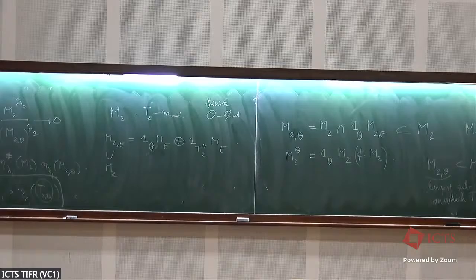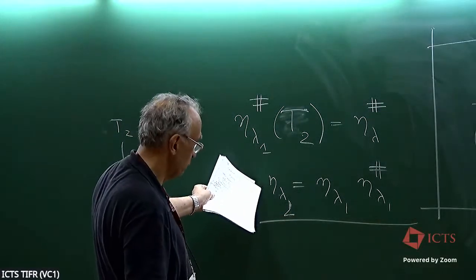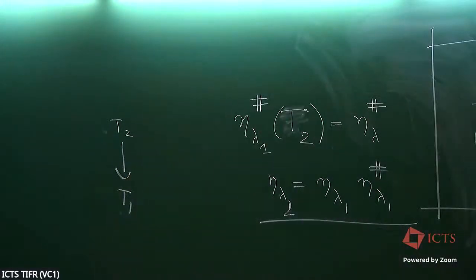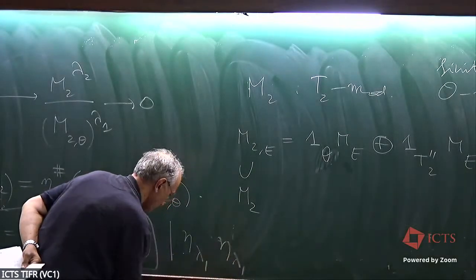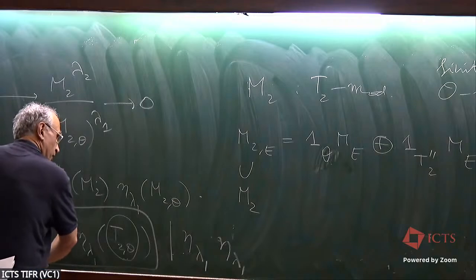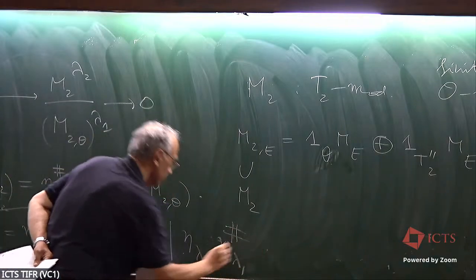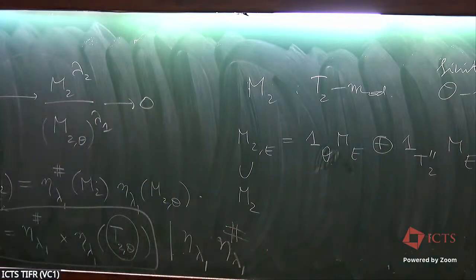So if both are LCI, you have this exact formula. If not, you have this formula, which implies a divisibility, but we will manage using only the divisibility. Okay, and that's the end of the formalism.